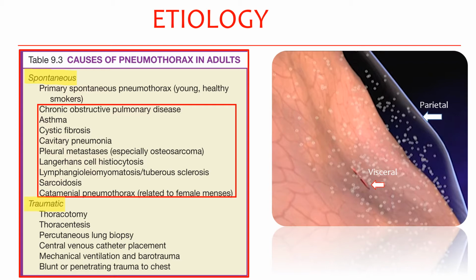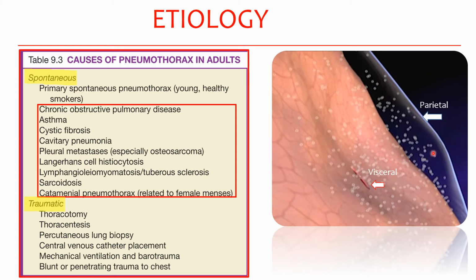So trauma is generally associated with rib fractures, but sometimes blunt trauma without fractures can also lead to pneumothorax because of a tear, and sometimes there can be occult pneumothorax which is not visible on the X-ray and picked up only on the ultrasound or CT.